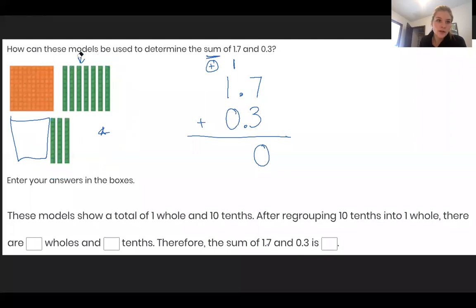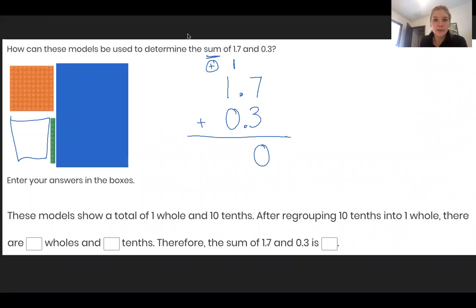So I would get rid of these, oops, and I would be left with 2 flats. And if I went back over here, thanks for being patient, don't forget your decimal point, I would have a total of 2 in my ones place.